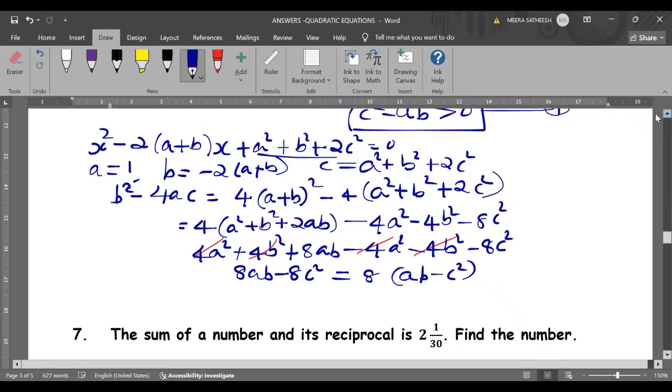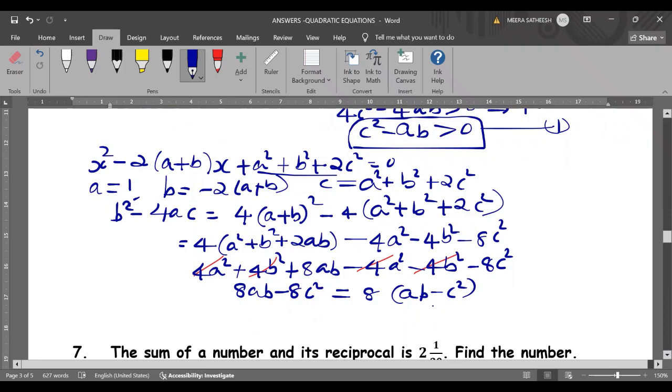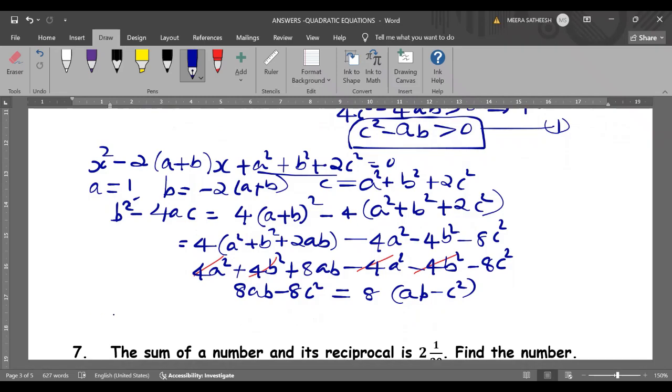Now what is the condition 1? c square minus ab greater than 0. So if c square minus ab is greater than 0, then it's reverse: ab minus c square will be less than 0, no? So we can write ab minus c square less than 0 from 1. Therefore 8 into ab minus c square is less than 0.